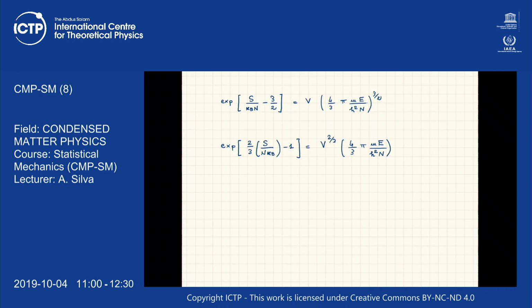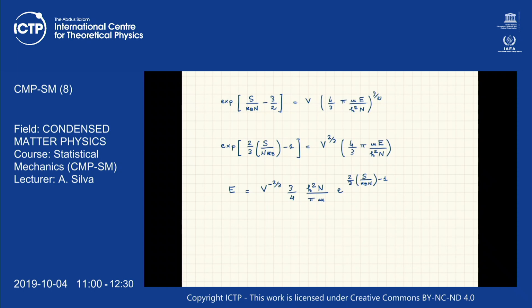Okay? And now I can write down this equation as an equation for the energy as a function of the entropy, right? So energy comes out to be V to the minus 2/3, 3/4 h squared n divided by pi m exponential of 2/3 S over k Boltzmann n minus 1.